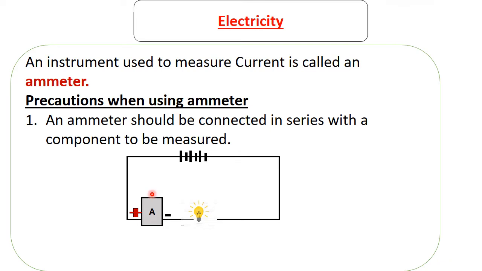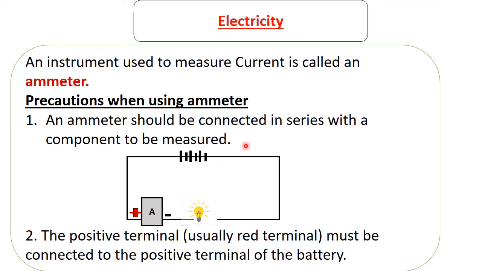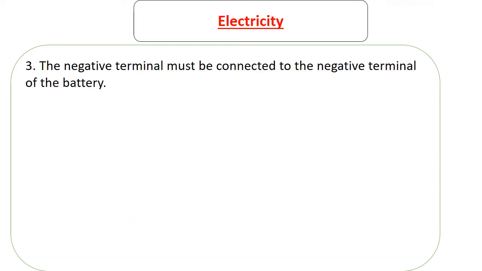Then you'll be able to measure the amount of current that flows through this circuit. Second, like I've said, the positive terminal, which usually is the red terminal, must be connected to the positive terminal of the battery, and the negative terminal must be connected to the negative terminal of the battery.